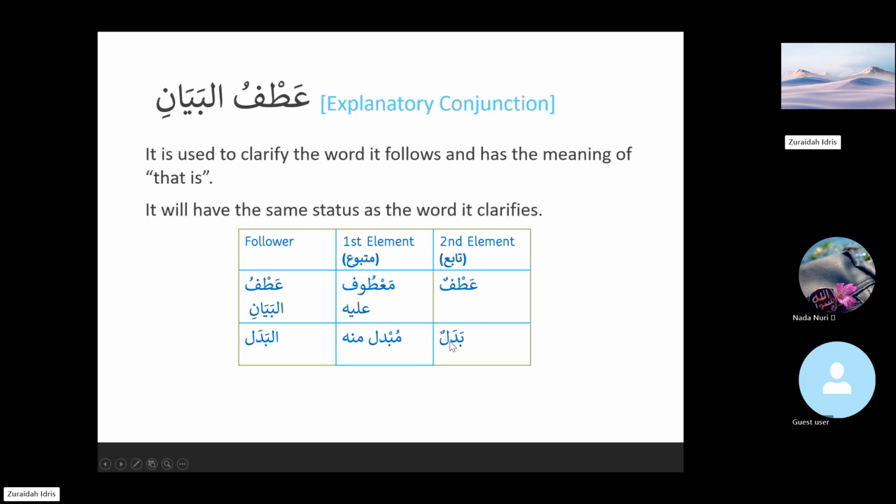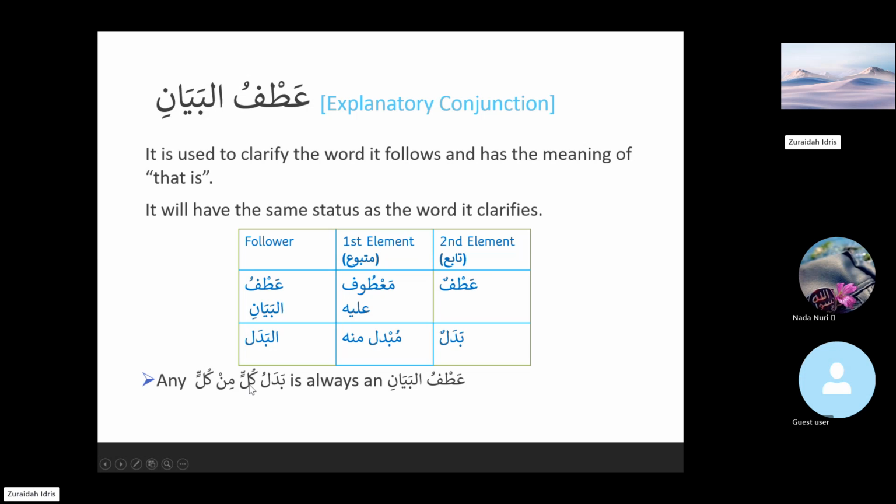Tabi' is a term meaning the follower, and matbu' is the one being followed, like maf'ul, fa'il. Ma'tuf and ma'tuf alayh in the case of atf, and badal and mubdal minhu in the case of badal. So as you can see, there are two separate categories, not the same thing. So why am I going on about this?